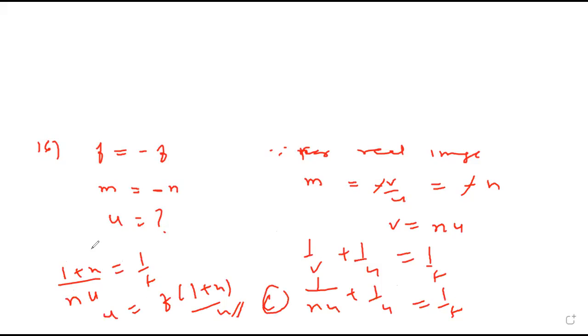Was this one followed fully? Yes, sir. This is the formula for a real image, but it is minus for m, minus n for a real image. So m equals minus n only because the image is real.